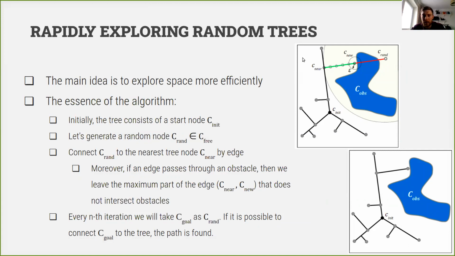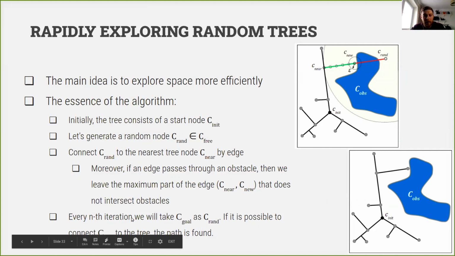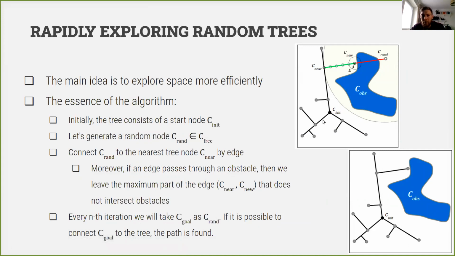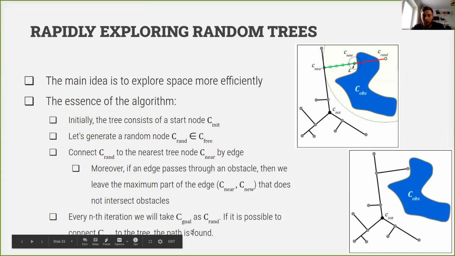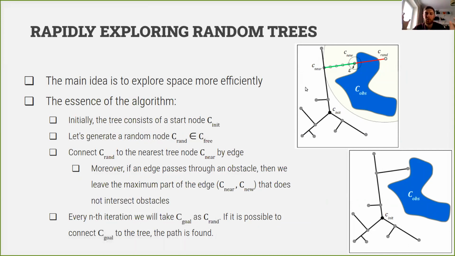We are taking C goal, and we see if we can connect it to our tree. If we can connect it on this step, then there is already a path in our tree which we can take to travel from C init to C goal. If we cannot connect C goal to our tree, then we repeat this procedure, trying to expand our tree more and more to discover more space.